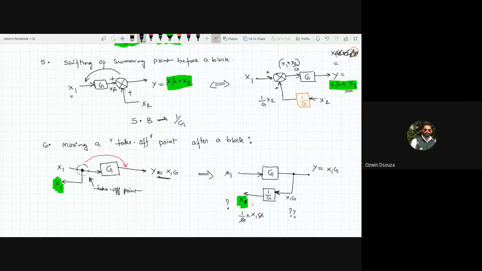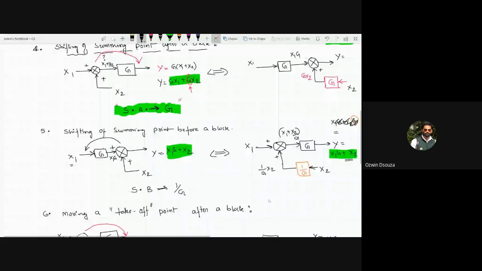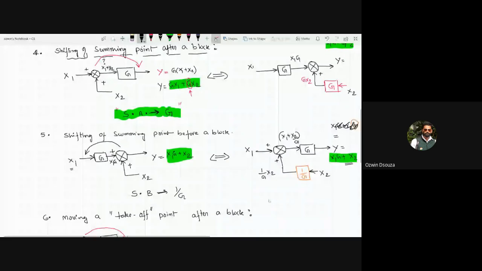Okay. So whenever you move a takeoff point after a block, what do you get? You get the manipulation as 1 by g. So this is the reverse procedure of summing point shifting, right? When you shift the summing point after a block, the manipulation you have to do is multiply with g.